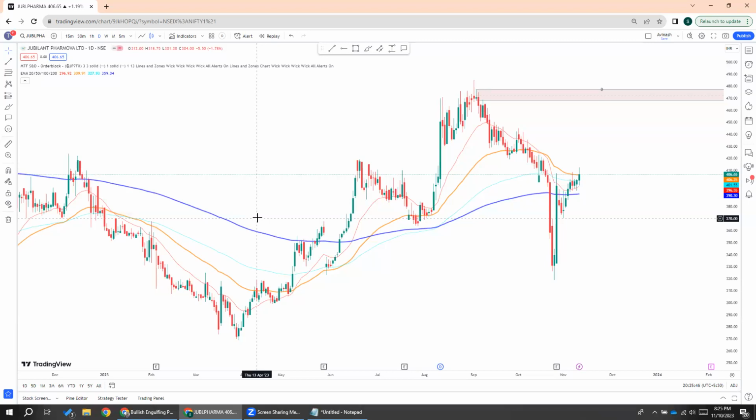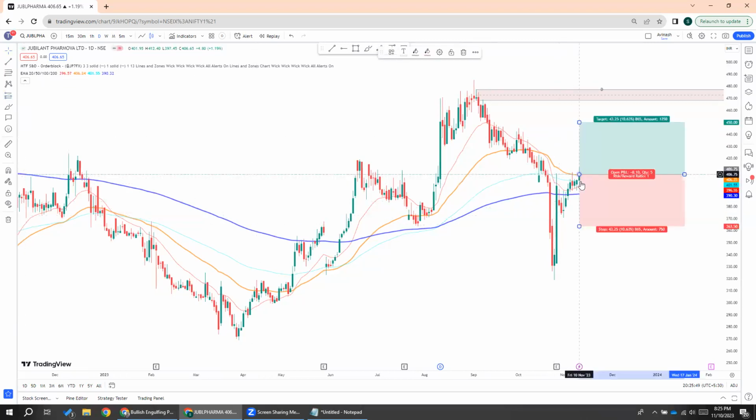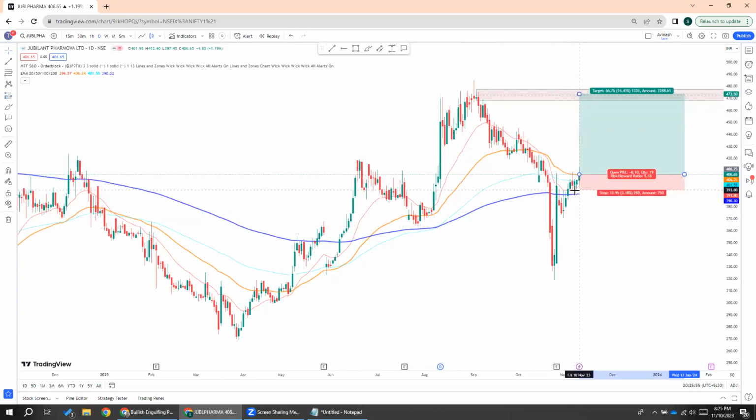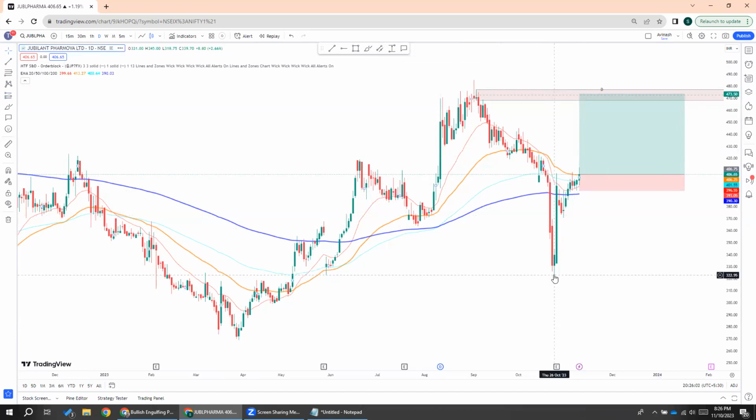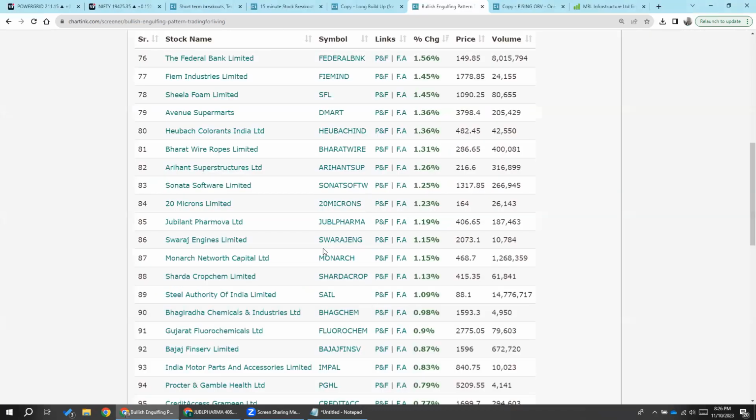If you could trade here, this is one of the possible trading setups. Okay, we'll observe this. I am not going to say this is wow, but we'll observe this.